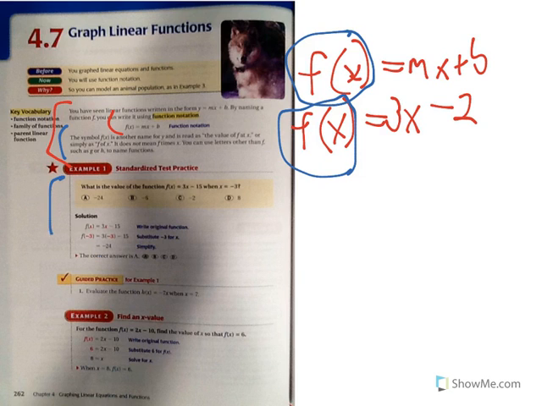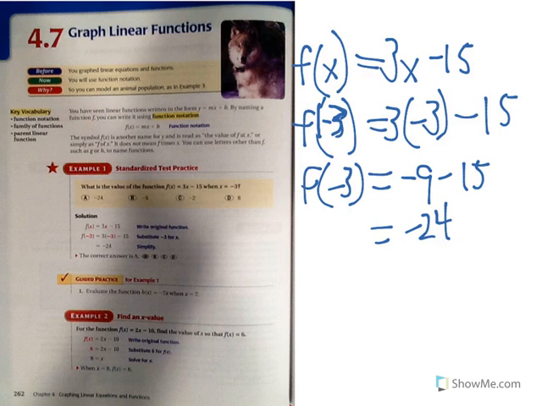Here's an example. It says, what is the value of the function f of x equals 3x minus 15 when x is equal to negative 3? So I rewrote it out here. The function f of x is equal to 3x minus 15. When the value of x is negative 3, you just put in negative 3 where the x is, and then figure out the actual value of that side of the equation.